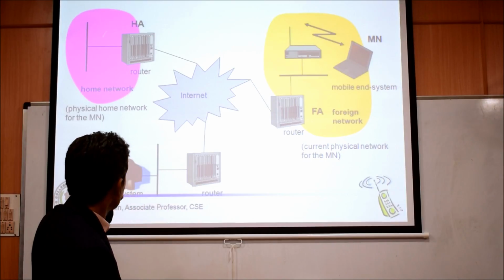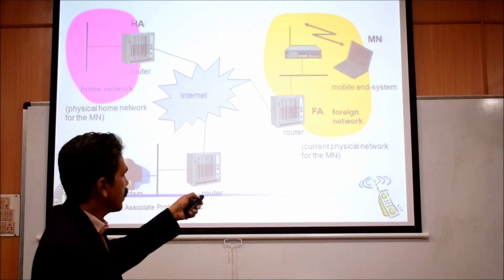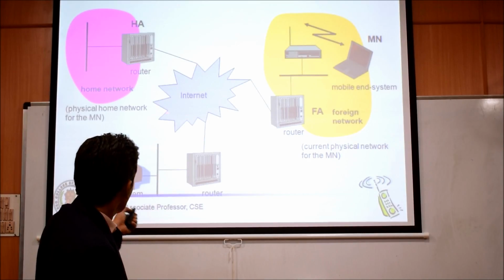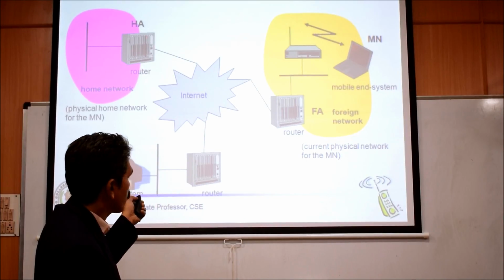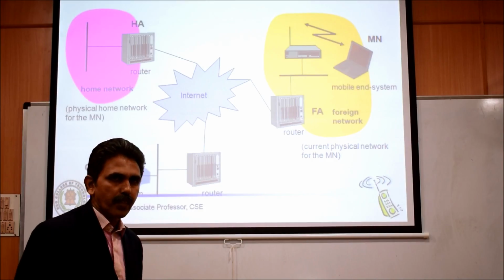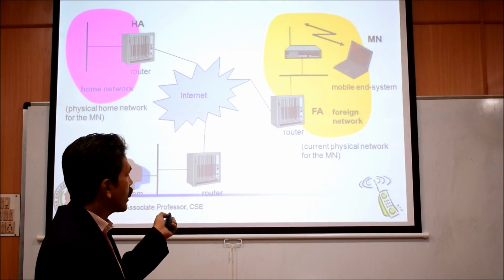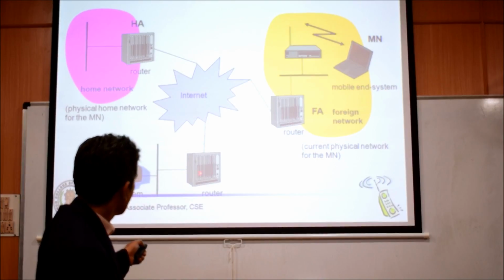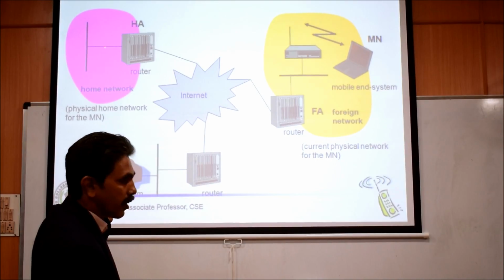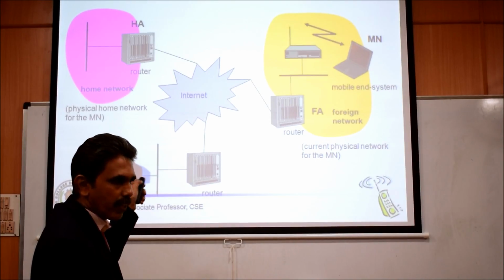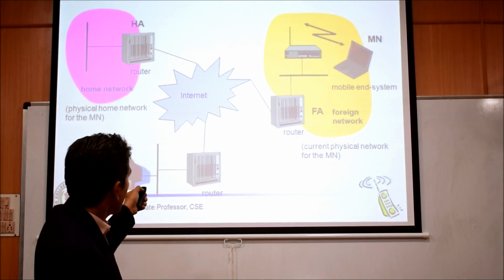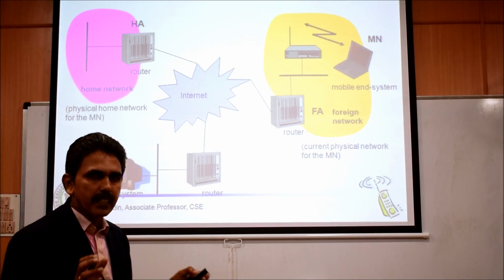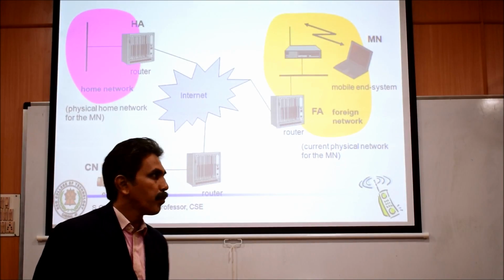Only the home agent knows the exact location where the mobile node is now. So the data will be transferred from Nagarkovil to the new place. For example, we can say the node has moved to Chennai. So from Madurai, the information has to reach Nagarkovil, and due to the mobility, the data has to be transferred from Nagarkovil to Chennai. So this is the basic concept happening in mobile IP.